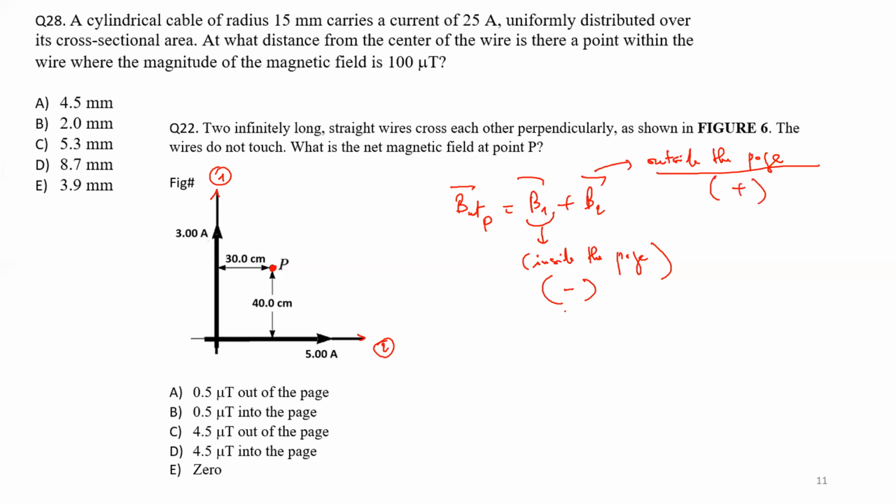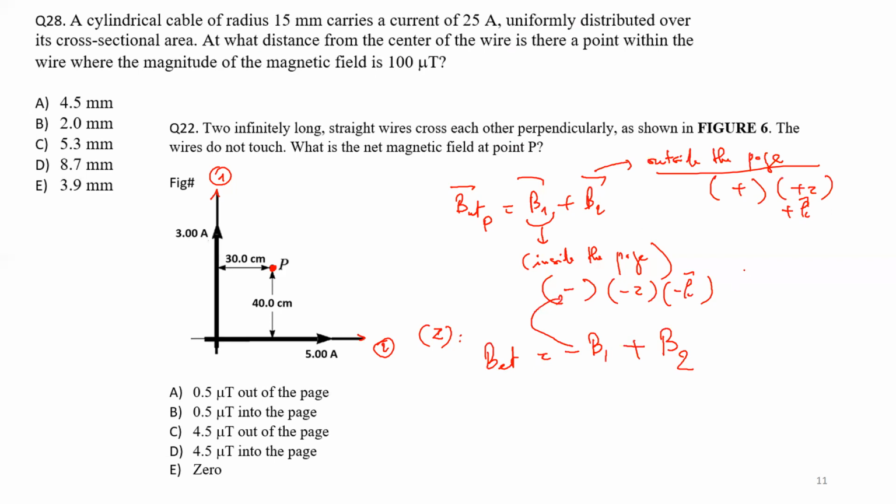So now let me project along the Z direction. Negative is minus Z, positive is plus Z. It's along the direction of K hat, and this is along the direction of minus K hat. Outside is positive. So my B net will be minus B1 plus B2. Minus because it's pointing inside, plus because it's pointing outside.